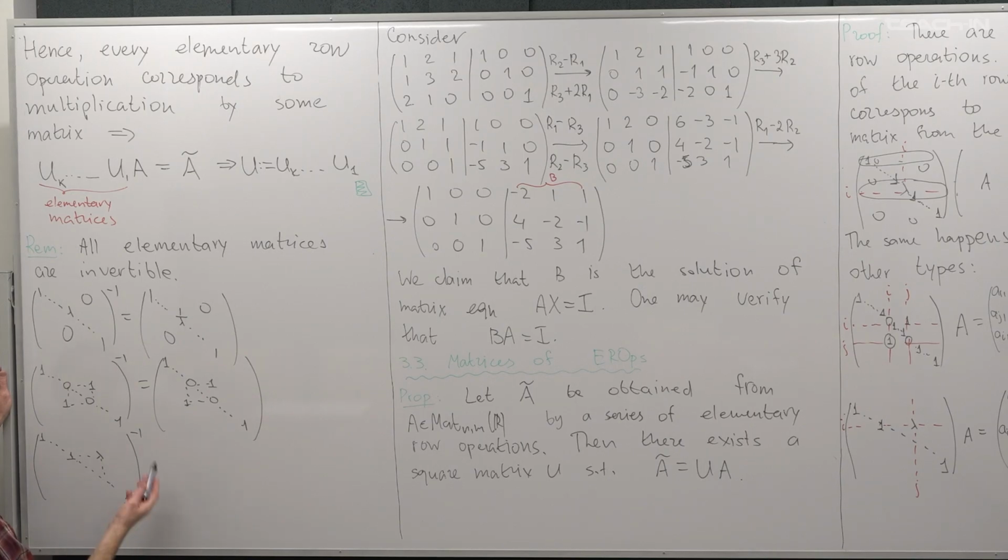So what do we need to do in order to perform the inverse operation? We need to subtract the jth row from the ith row, so we get 1 everywhere on the principal diagonal, including the ith position, and here we are going to have minus lambda. So it is not difficult to check that all these matrices are inverses to the matrices of elementary row operations.